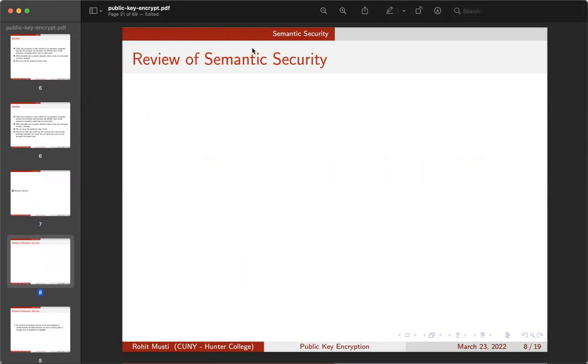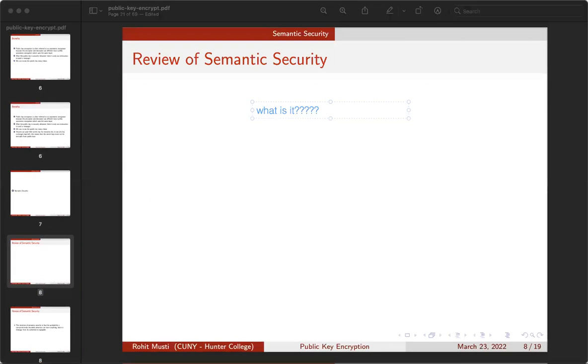Can anyone in the chat tell me what semantic security is? Security that is sufficient.